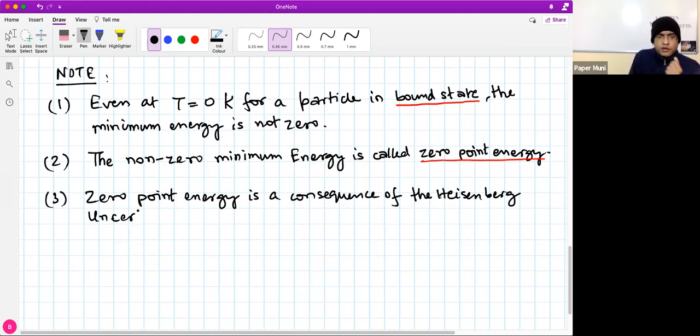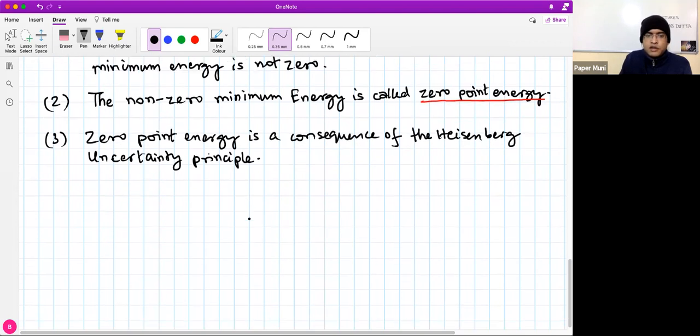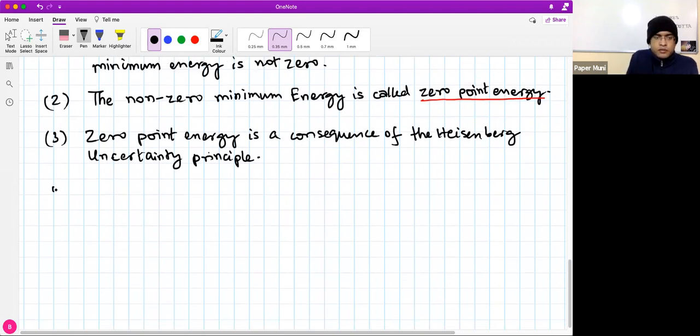So the presence of zero point energy can be explained due to the Heisenberg uncertainty principle.